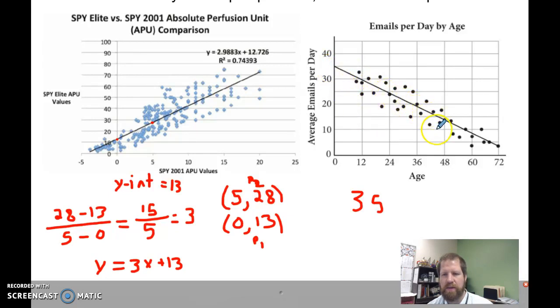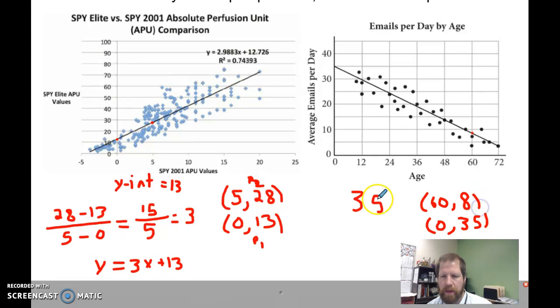So I'm going to need to estimate a value, and maybe I'll go right here and say that where it's 60, it is at 8. So I've got 60 and 8, and here I've got 0 and 35.